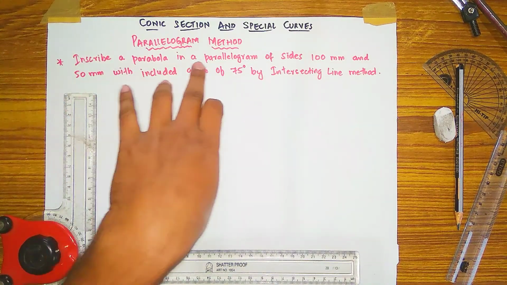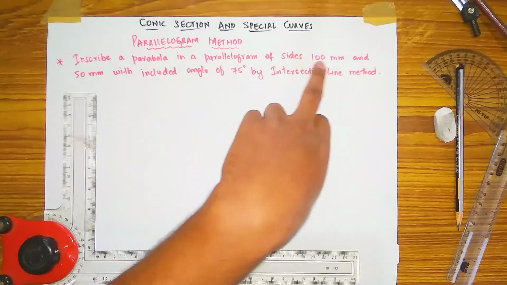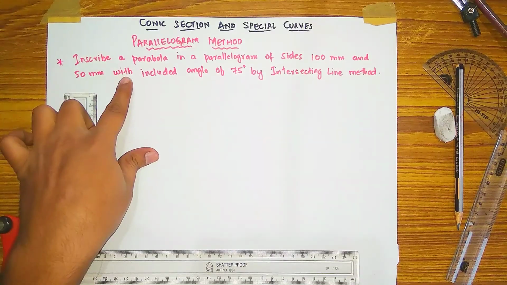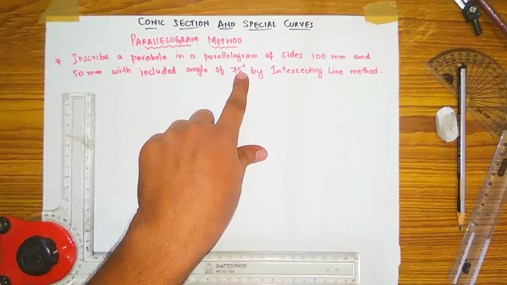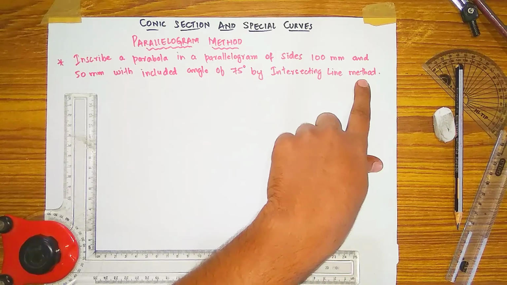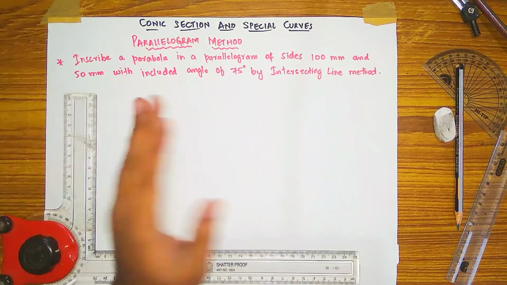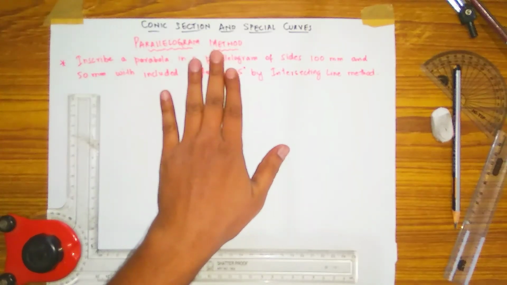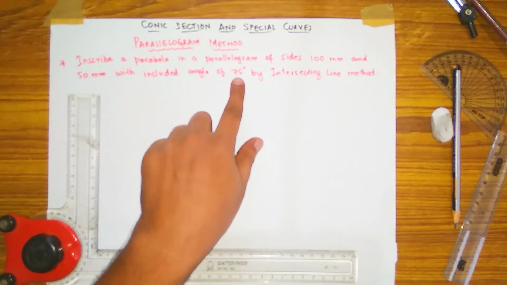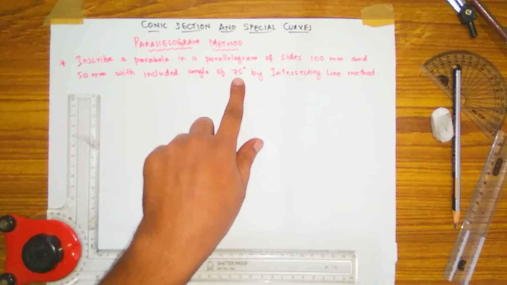Inscribe a parabola in a parallelogram of sides 100 mm and 50 mm with an included angle of 75 degrees by the intersecting line method. The parallelogram method and the rectangle method are the same, but in a parallelogram the extra 75 degree angle is given.